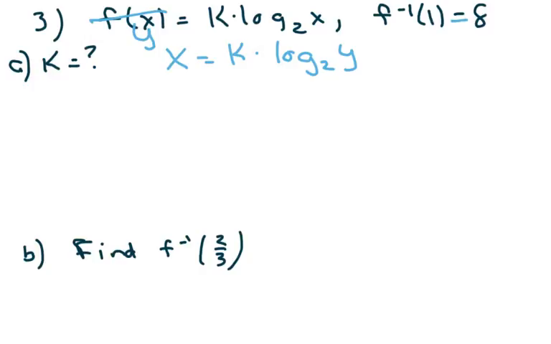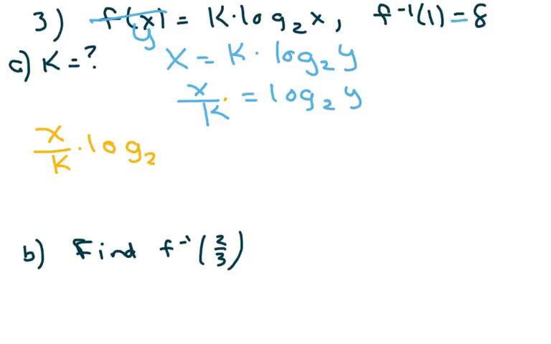Now, I'm going to divide both sides by k. And then I'm going to multiply this. So I'm going to have x over k times log base 2 of 2. I'm multiplying this by 1. So equals log base 2 of y.